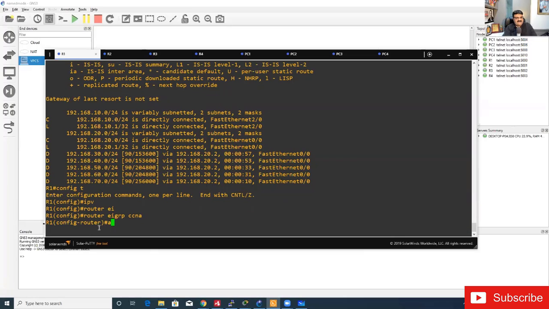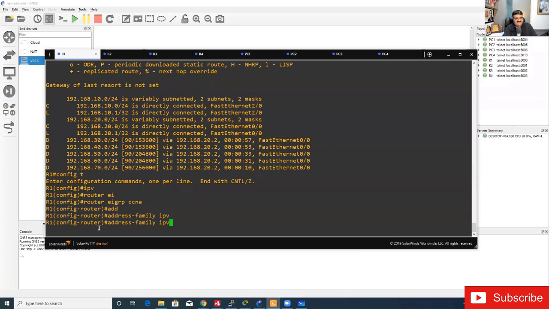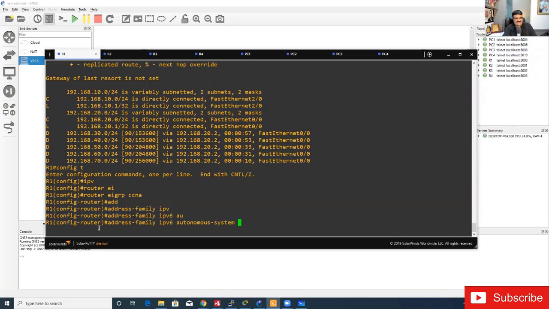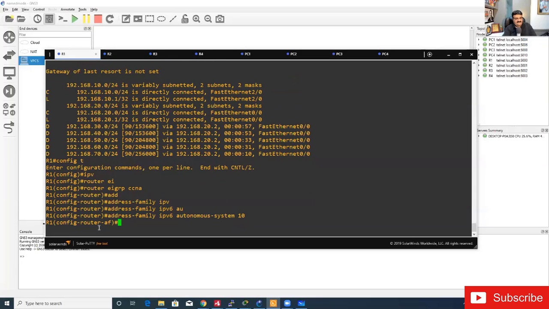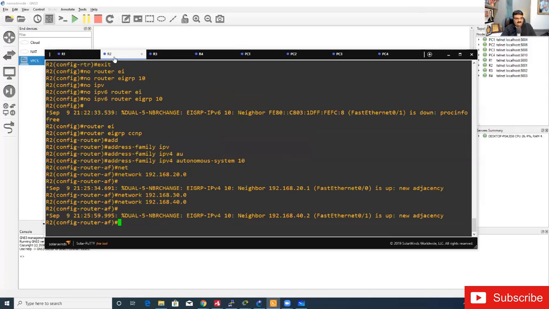So it is address family IP version 6, autonomous system. I can set any autonomous system for IP version 6. So let me configure 10, the same autonomous system. And here is a different thing. I'm not going to advertise anything. I just leave it over here, and I'm going to R2.